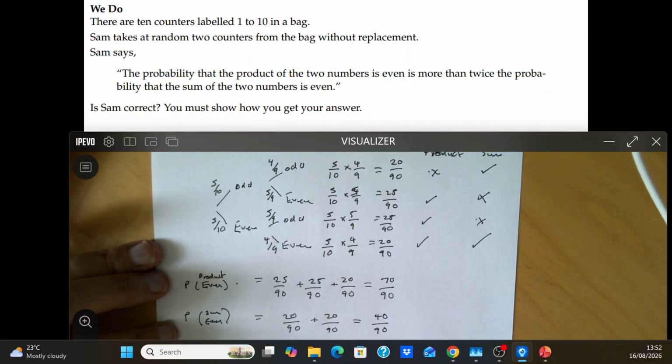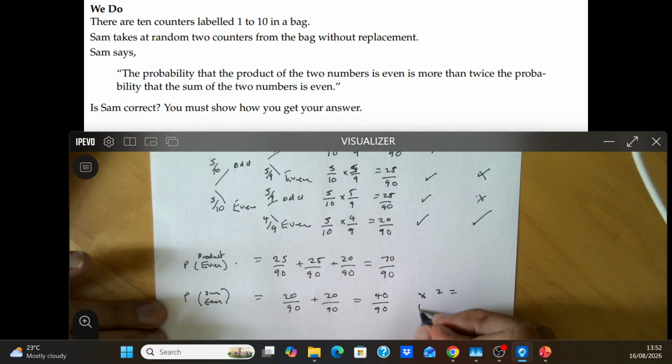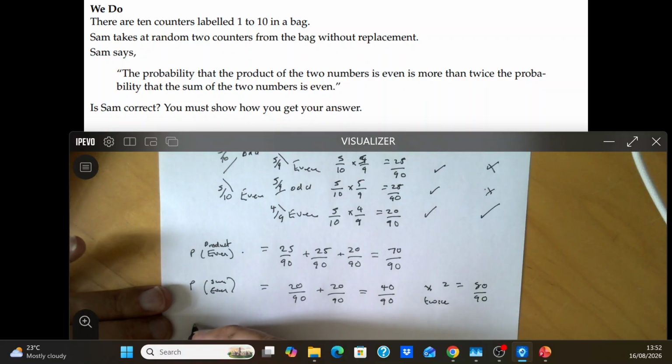Really important in the question, it says more than twice the probability, so times that by 2, twice, gives me 80 over 90. Is 70 more than 80?